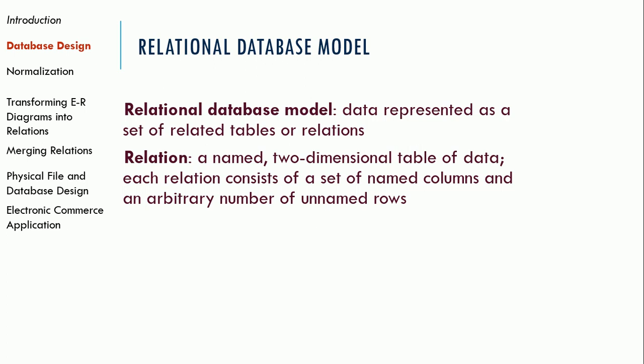We'll talk about foreign keys and primary keys, and I'll explain what those are in a little bit. But those relationships have to exist in the database and be enforced in the database, and the relational database model allows that to happen. So again, if you think about Microsoft Excel, where you have these independent tables of rows and columns, we have the same thing in a database. It's really not all that different, except all of the tabs that you might have in Excel, in a database, would all be related to each other.